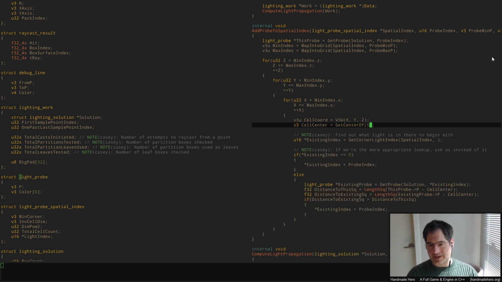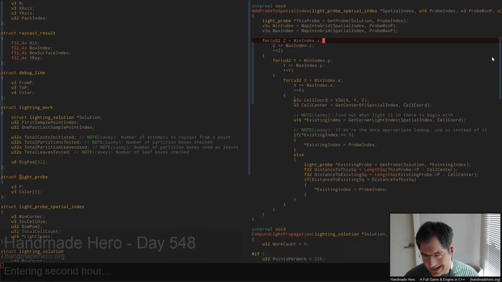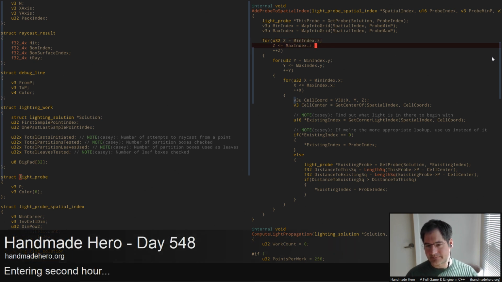And so I want to be able to ask for this spatial index and these coordinates, what's the cell center, right? When that comes back, then with my get corner light index here, I can pass the same coordinates down, and then I can just finish up the work by taking the length squared with that center. So this would fill out the spatial index with exactly what I wanted, which is great.